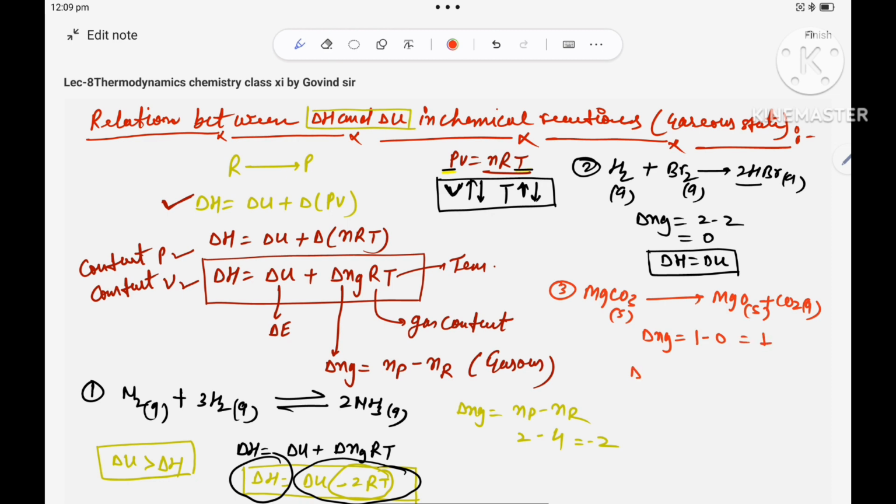So delta H is equal to delta U plus RT. So here you have to add something to delta U, then it is equal to delta H. So here delta H is greater than delta U. Got it?